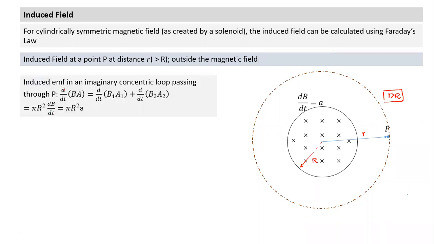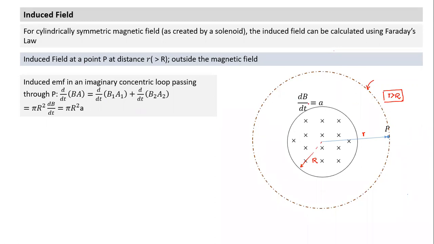So this is the induced EMF, d by dt of phi. When we calculate the flux over this loop, for which we compute E dot dl along this pathway, we consider the area bounded by it.